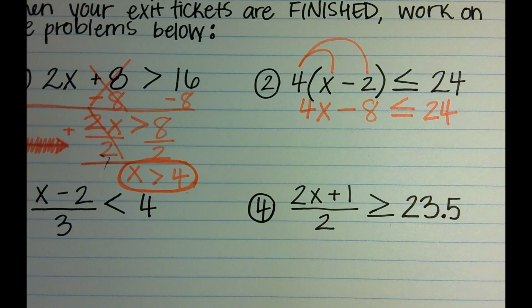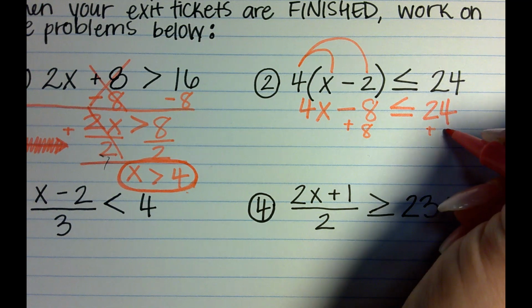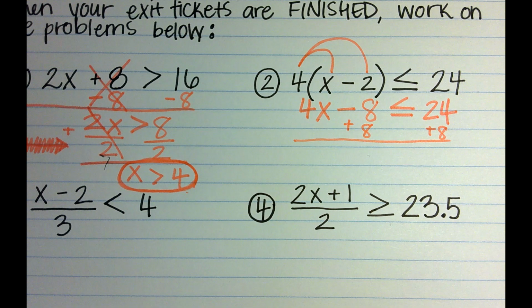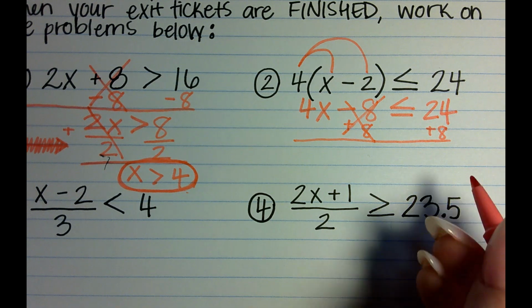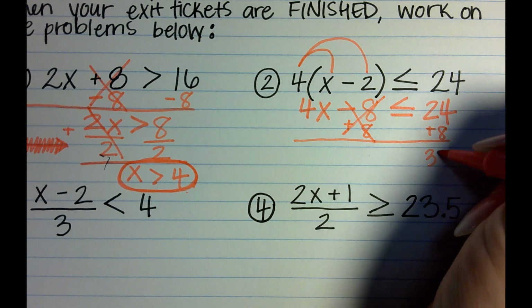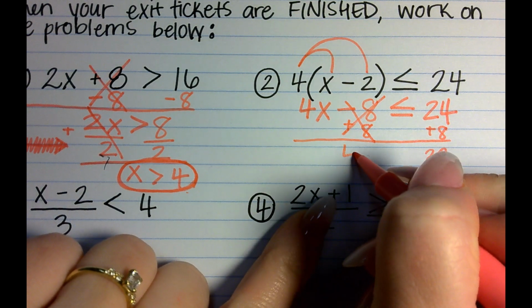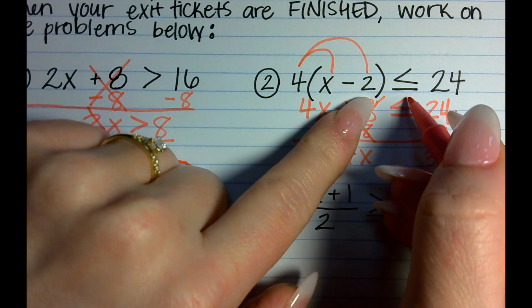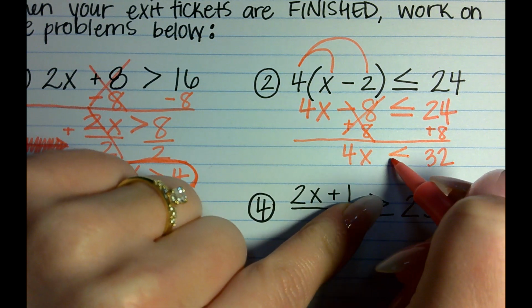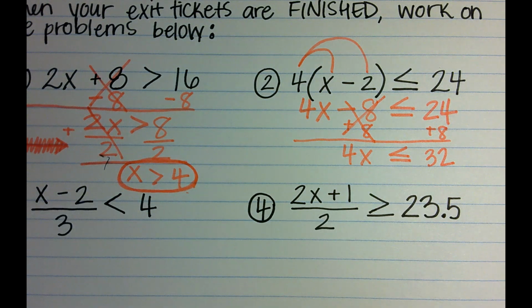Okay, what did you do next, Michelle? And then I did plus 8. Perfect. Plus 8. The 8's cancel. 8 plus 24 is 32. Good. Then I bring everything else down. 4x and something. So this is our less than or equal to. It's easy to mix those up, but here we go. We've got 4x is less than or equal to 32.